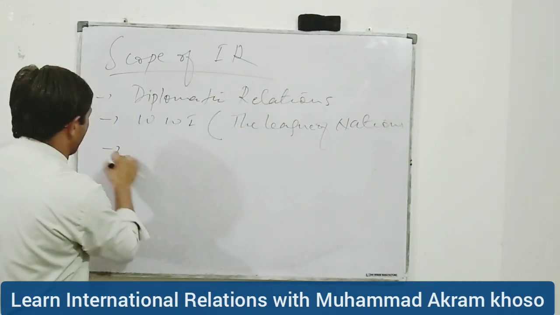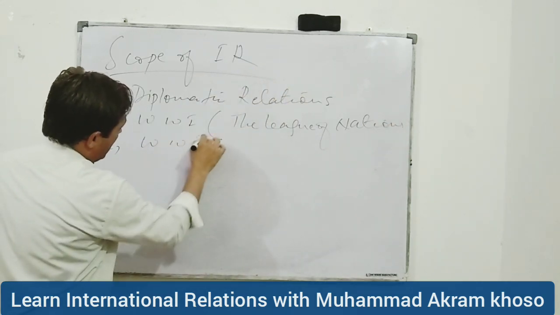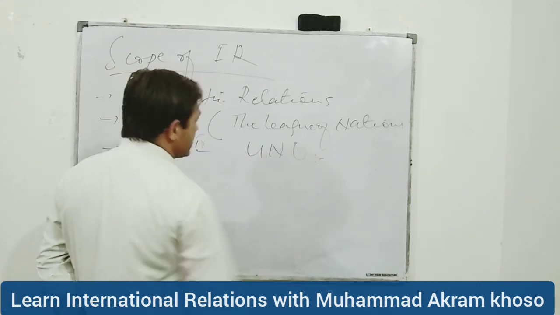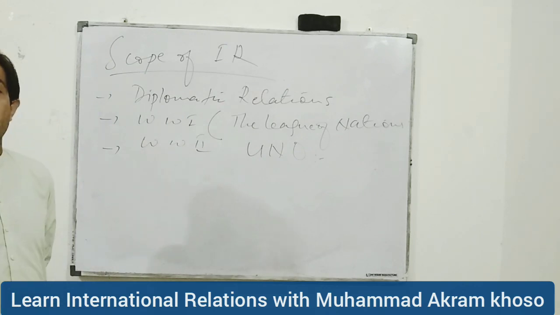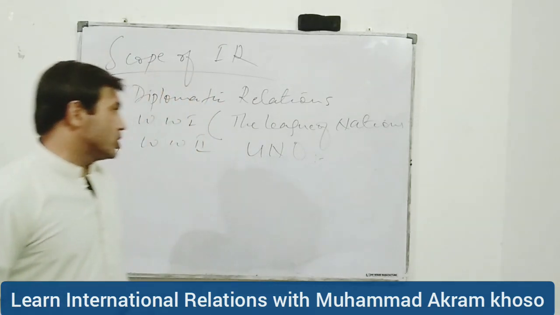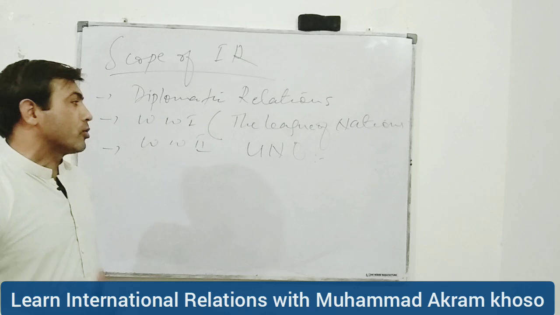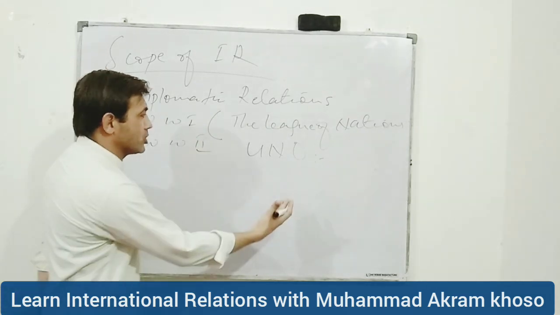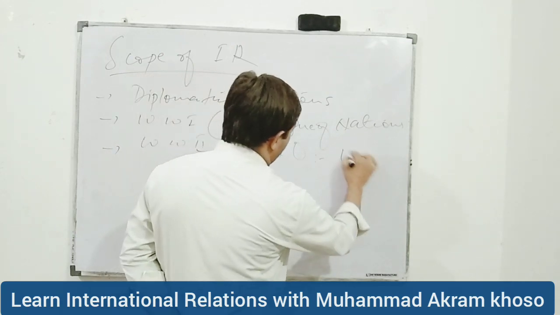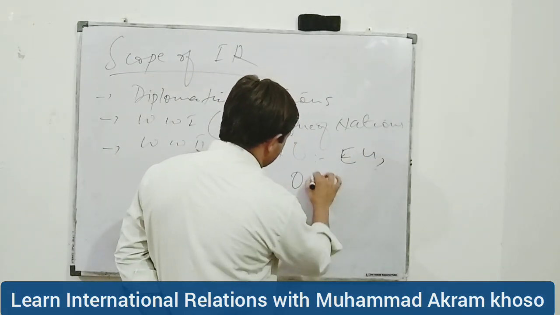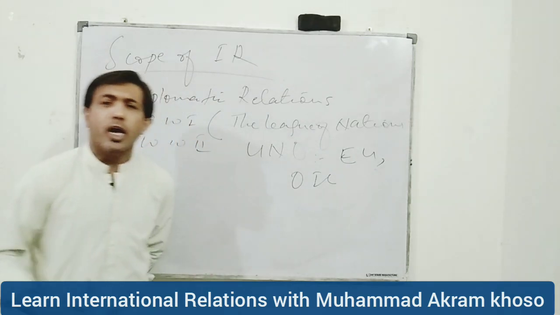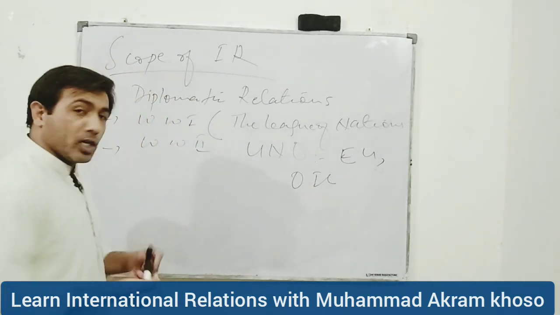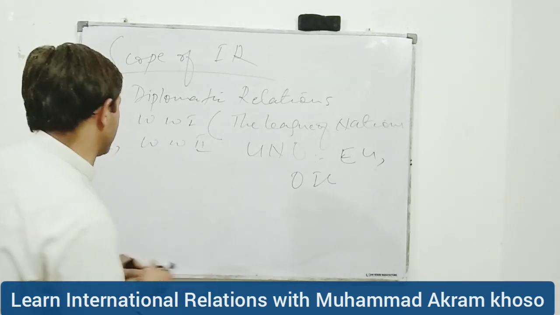And after the Second World War, we got the United Nations Organization. This means that IR also covers your intergovernmental, international, as well as your regional organizations: League of Nations, United Nations Organization, and European Union, OIC, SAARC, ASEAN. Every bloc, alliance, organization also comes under international relations.